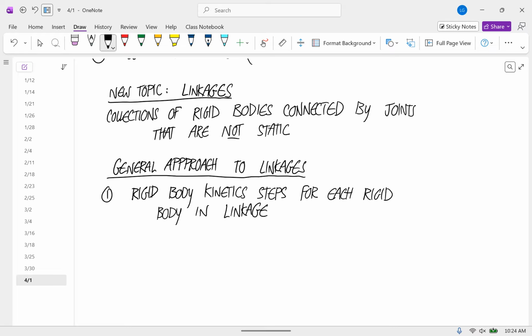So after you do this, you will have more variables than equations.